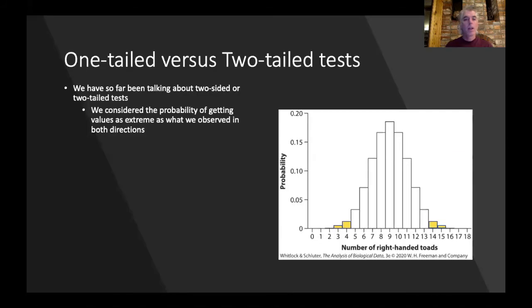In the examples that we've talked about so far, we've always been referring to what are called two-tailed or two-sided probabilities.